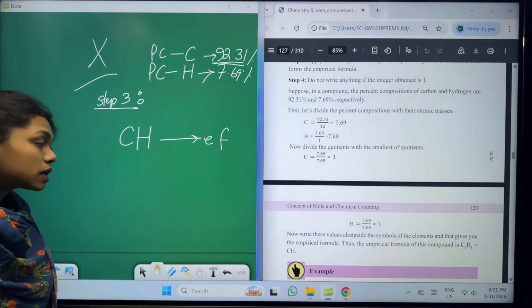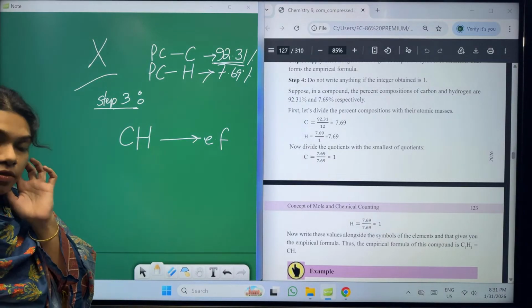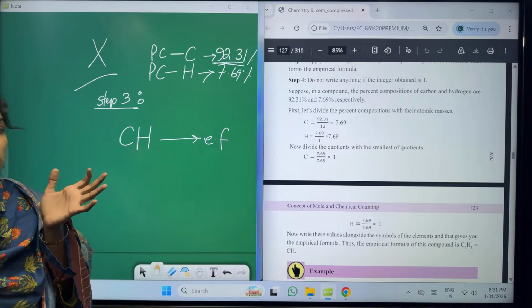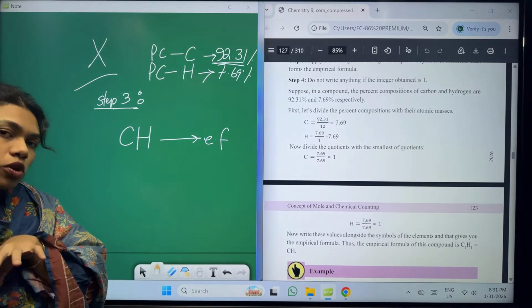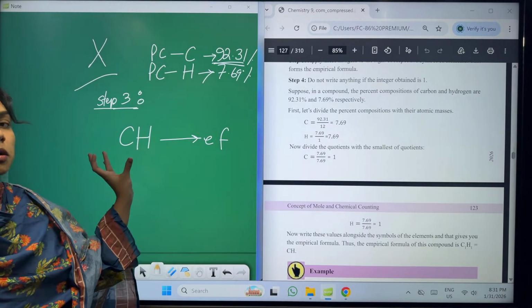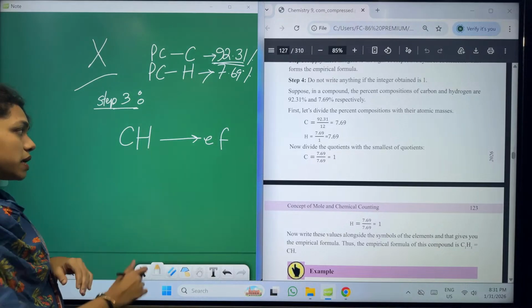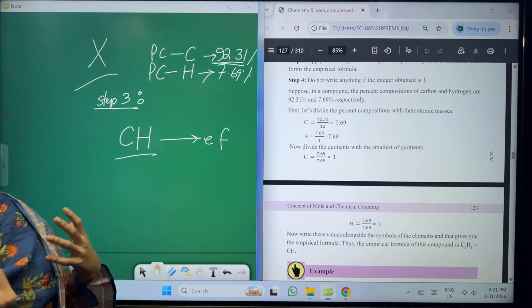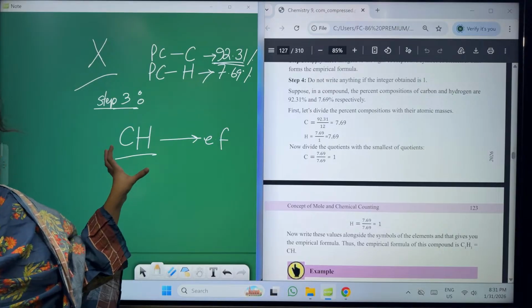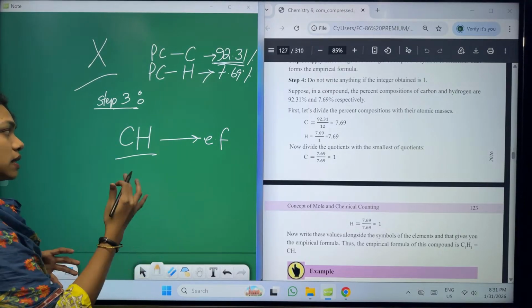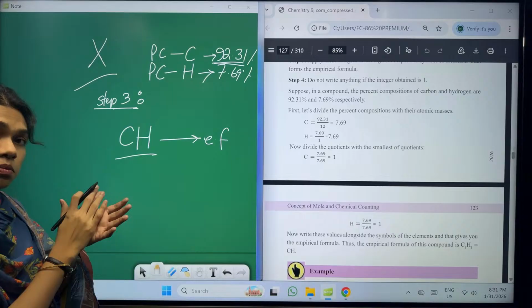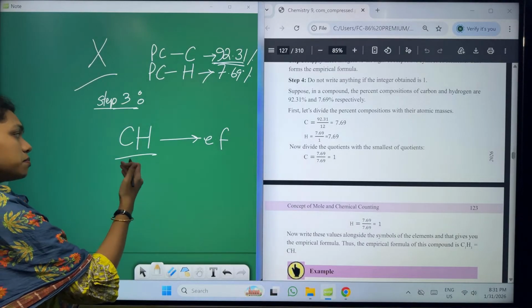Remember, empirical formula does not necessarily have to be the same as the molecular formula. This is the basic binding ratio. Carbon and hydrogen always bind at this basic ratio, and then you can multiply them, increasing the number of atoms by the same multiple.